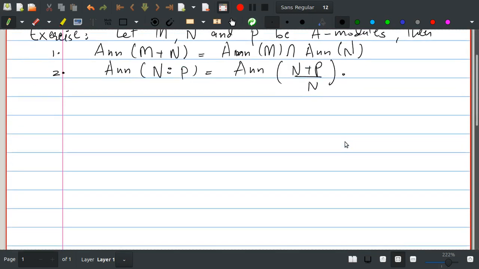Let us prove the first one. Let x be an element of this intersection.